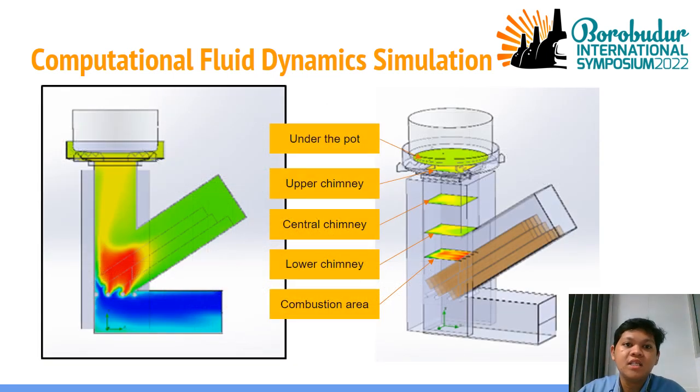The results of the CFD simulation are visualizations of the heat distribution that occurs in the stove. Warm and hot areas are marked in orange and red, and areas with low temperatures are marked with green to blue. To see the values in this simulation, we take 5 sections on the stove and measure the temperature, starting from the upper surface of the flame, the lower, middle, and upper chimney, and the area under the pan.